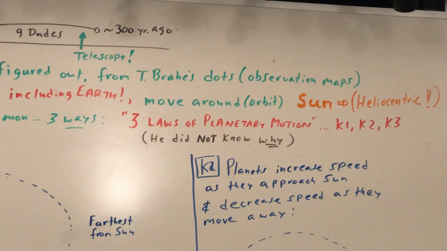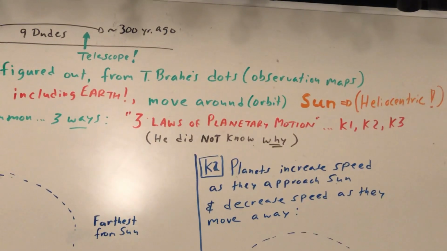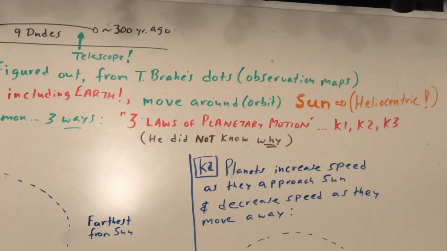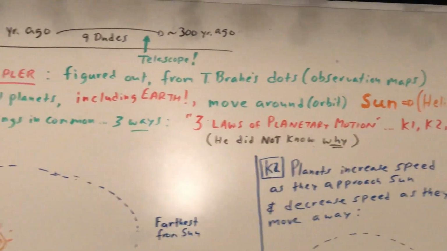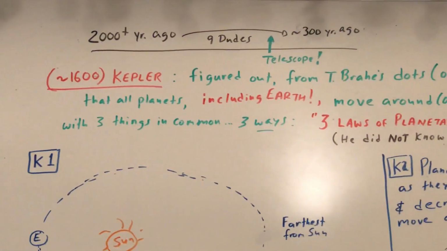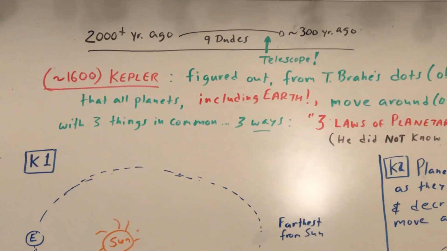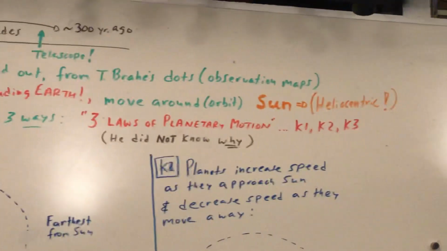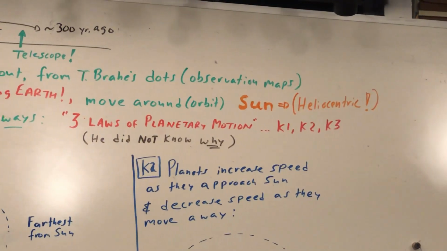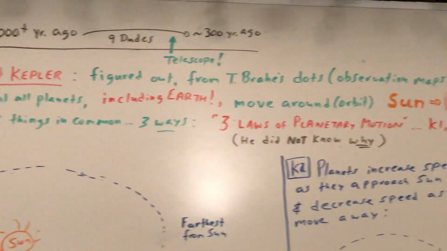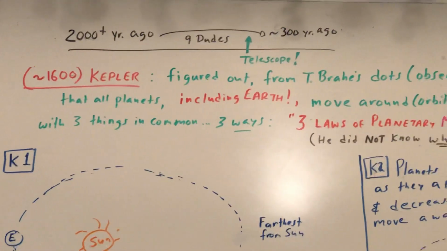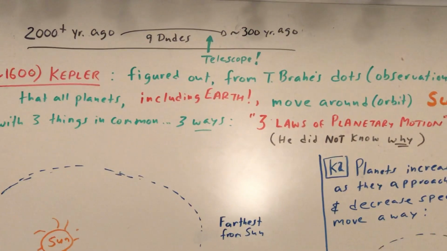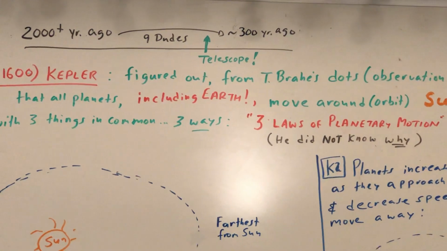It wasn't the way you thought it was, but your dots tell us that it is heliocentric. They move around, or orbit, the sun. And they do it in 3 common ways. So already, wow, not only is it heliocentric, though, the glory's in the details. He didn't say it's just heliocentric, which is cool. It turns out the sun is not actually at the center, he found out.